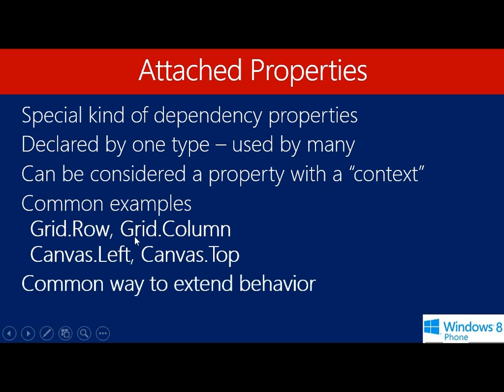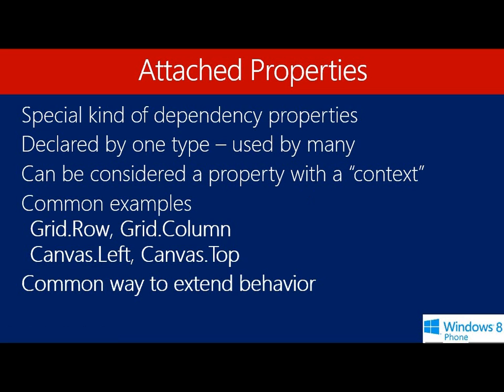So that's attached properties, and we've seen the Canvas.Left and Canvas.Top attached properties that are defined by Canvas and allow elements to be placed in particular coordinates. Similarly, when working with a Grid, we can use the Row and Column properties that Grid defines to place elements in a particular row or column, because Grid is really kind of similar to an HTML table.